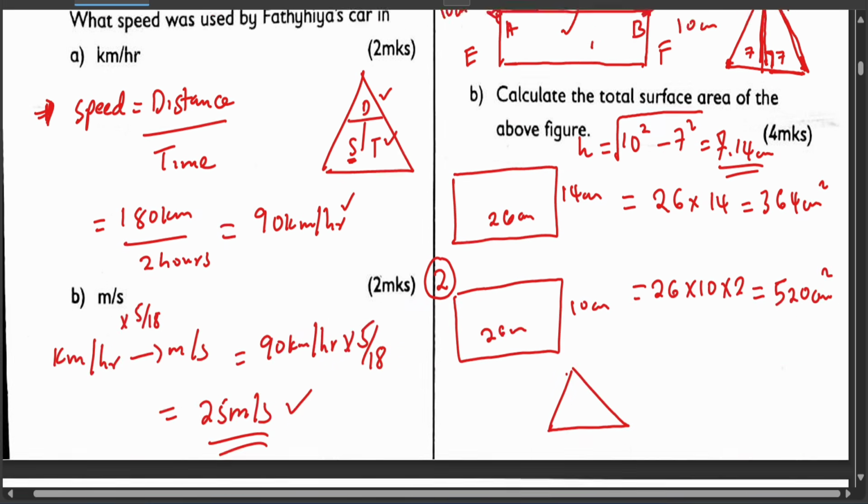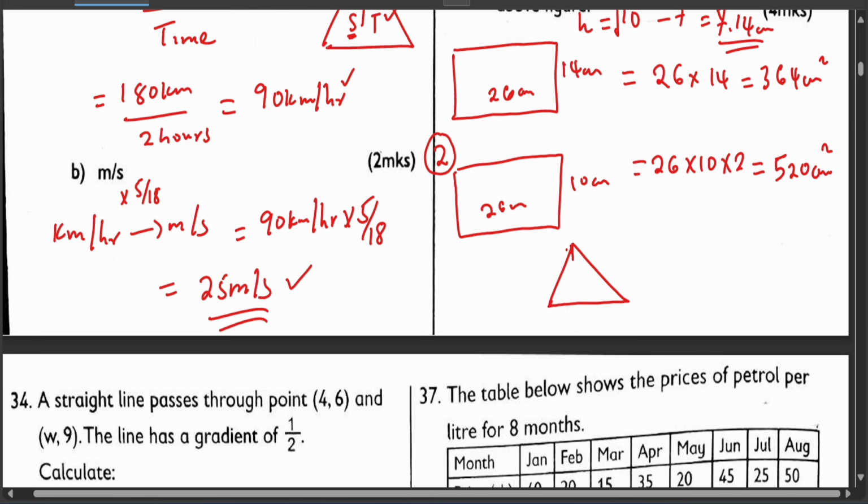So your height is 7.14 centimeters. Your base doesn't change, your base is that 14 centimeters. So the area of a triangle is given by a half, but remember there are two of them. So a half times 14 times 7.14 times 2 is 99.96 centimeters squared.